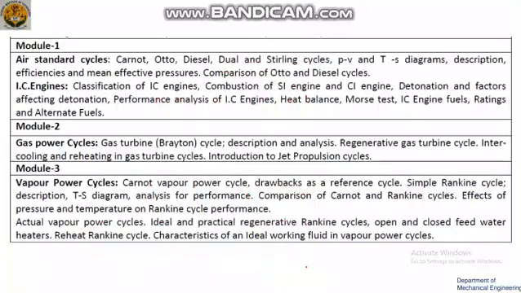So with this, we have completed the first part of module 1, that is air standard cycle. The second part we will see later. From tomorrow onwards, we will start with module 2, that is gas power cycle, because it is very similar to the things we have discussed in module 1, the air standard cycles.